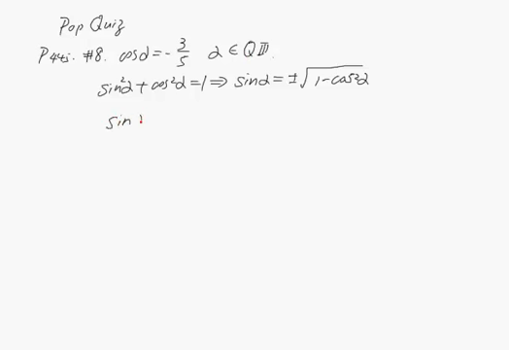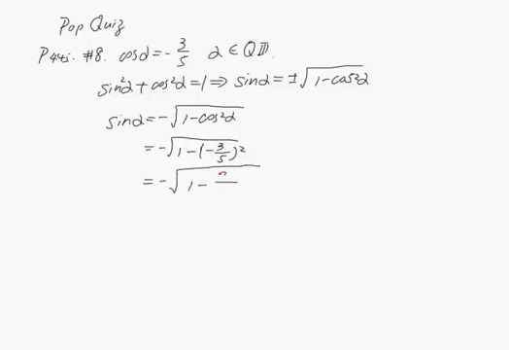We have sine alpha equal to negative square root of 1 minus cosine squared alpha, and this is equal to negative square root of 1 minus the square of negative 3 over 5, which is negative square root of 1 minus 9 over 25, which is 25 minus 9 over 25.